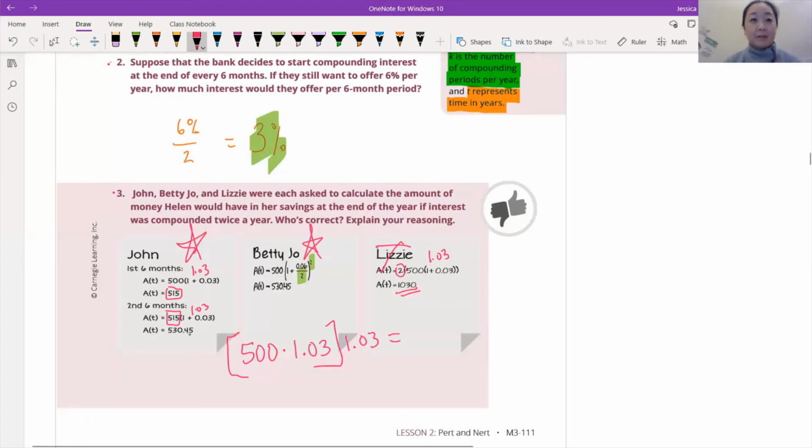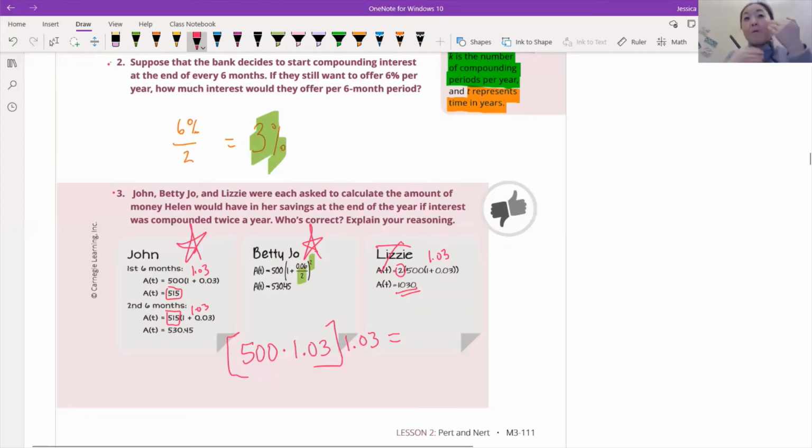And so then you get $530.45. Notice that that didn't just double the interest, because remember that's a $15 interest, and if you just doubled it, that's $30. It's $30.45. And some of you may be like, well, that's just 45 cents. But that's 45 more cents that you didn't have. And remember, we're now taking 3% of that new balance.